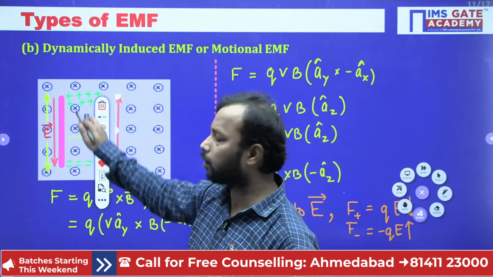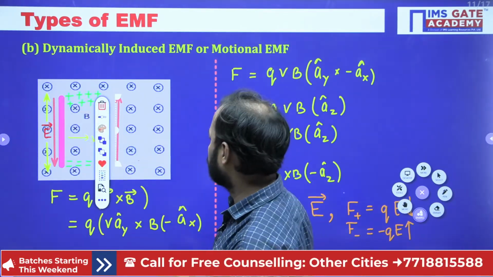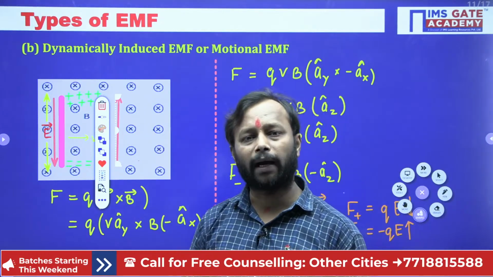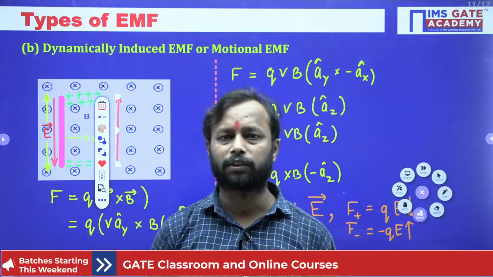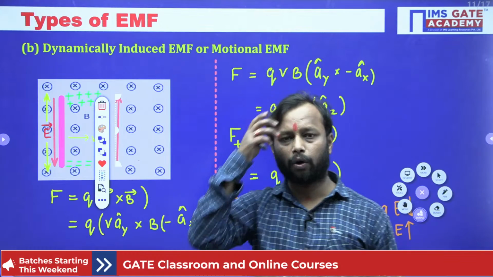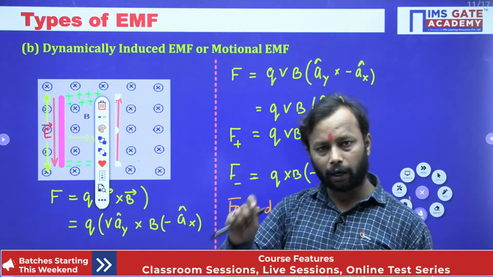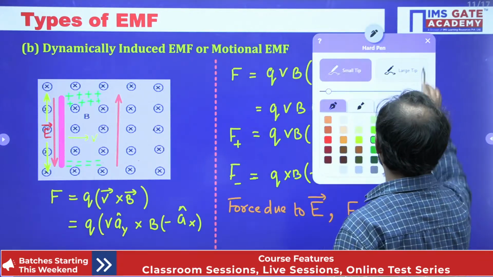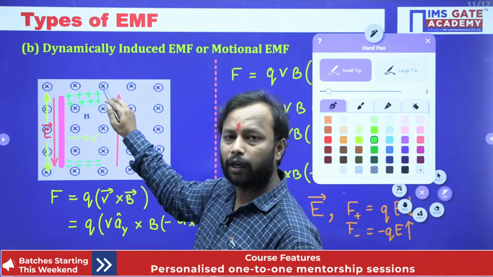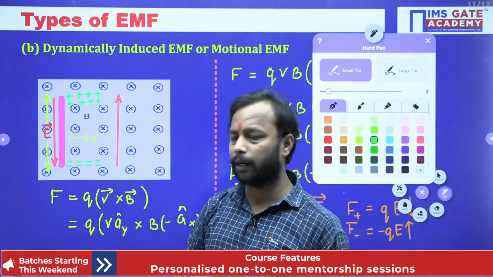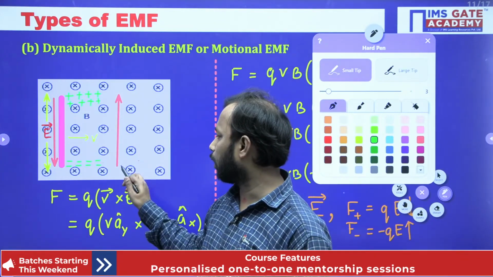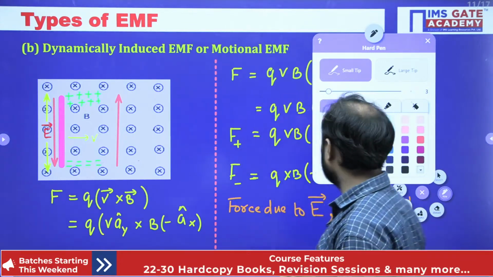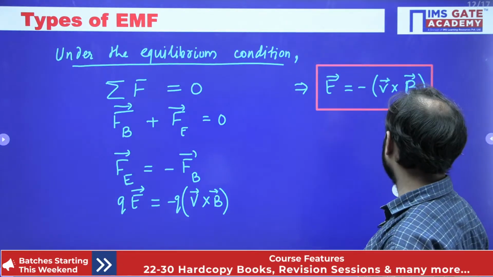So negative charge is here, positive charge is here. This is the convention followed by the IIT faculty and most of the standard books. If in future you see such a symbol for the EMF, the arrow gives you the positive terminal, and the tail gives you the negative terminal. So in these two ways we can represent the battery polarity.